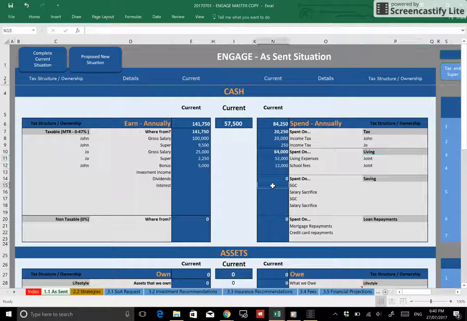So we know that the super is what's being saved and being invested. And so for John, that's $9,500. There's no salary sacrifice. And Jo is putting into super $2,250 and no salary sacrifice.